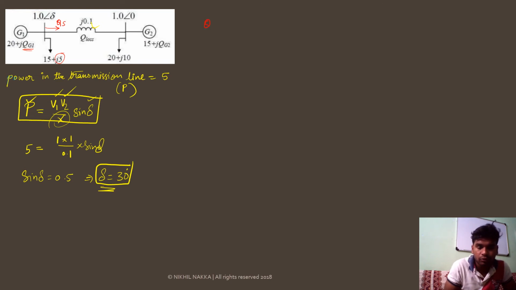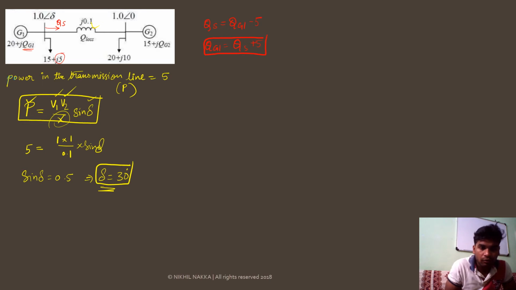And what is Qs equal to? Qs equals Qg1 minus 5, isn't it? Or I can say Qg1 is equal to Qs plus 5. Please keep this in mind.